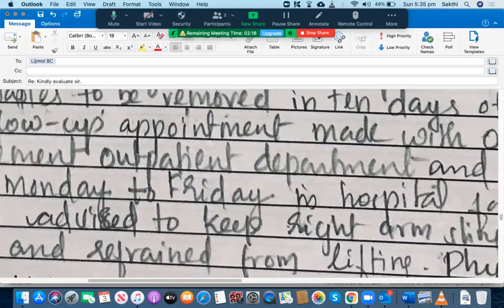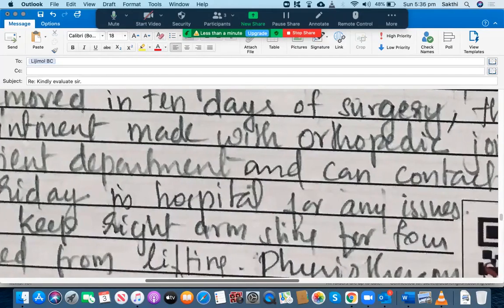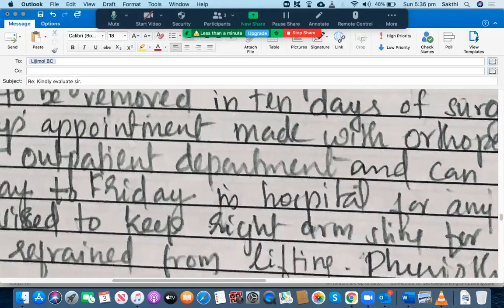It's not like advised, this is advice. There are two pieces of advice you're giving: you are asking her to refrain from lifting and you're asking her to keep the right arm sling for 4 days. Is that right or not? Yes, sir, there are two pieces of advice. You don't need to write down refrain once again. You don't need to use the past verb here. You have to use the present verb only.